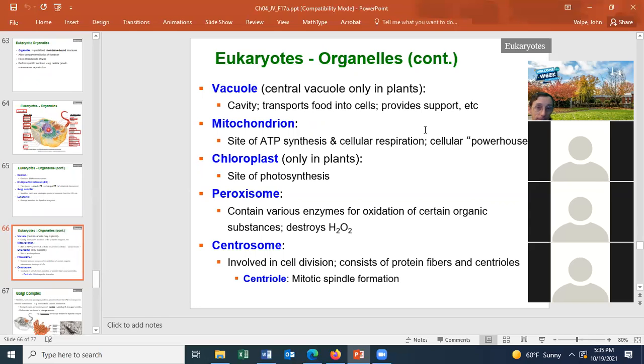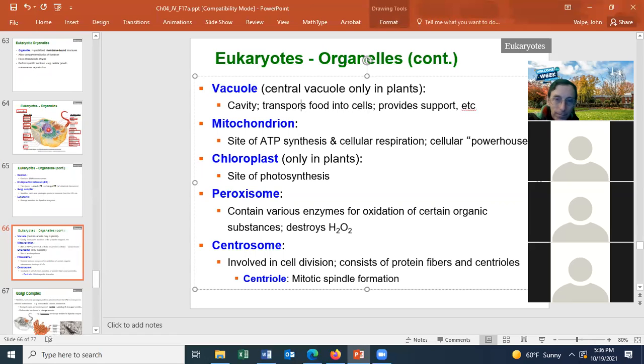Vacuoles are a cavity, and what they do is they store contents. We call it a vesicle if it is transporting the material. So if it's moving material around in the cell, we call it a vesicle.